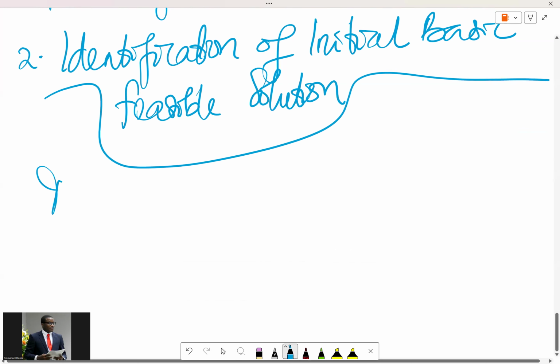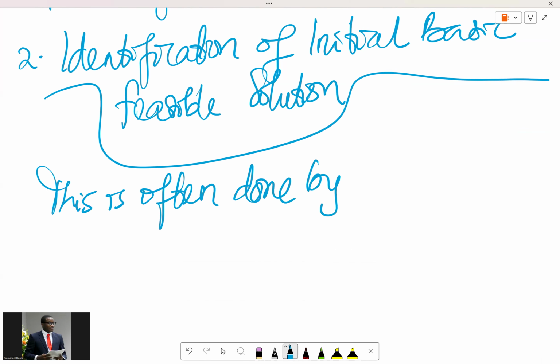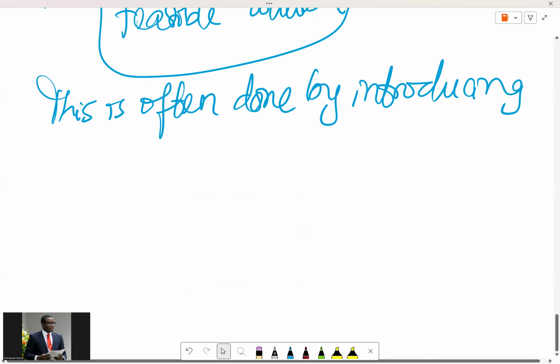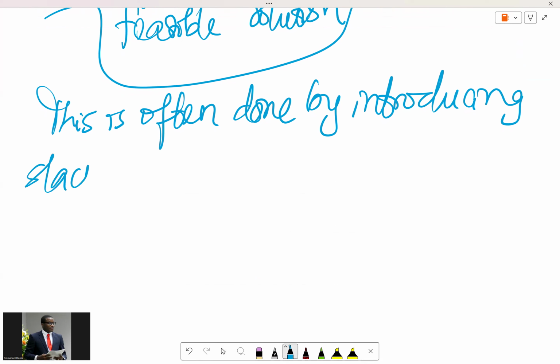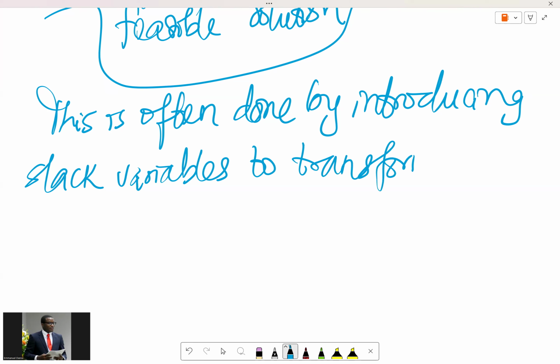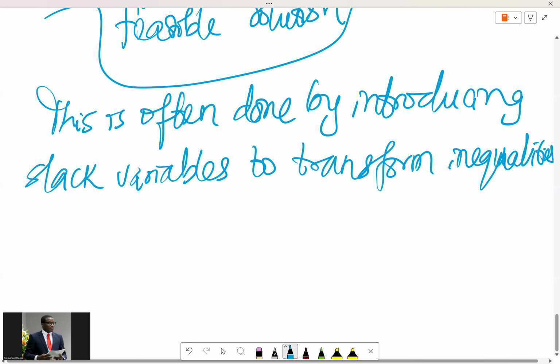This is often done by introducing slack variables to transform inequalities into equalities.